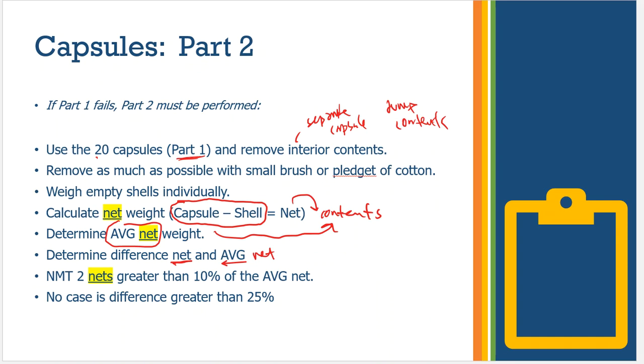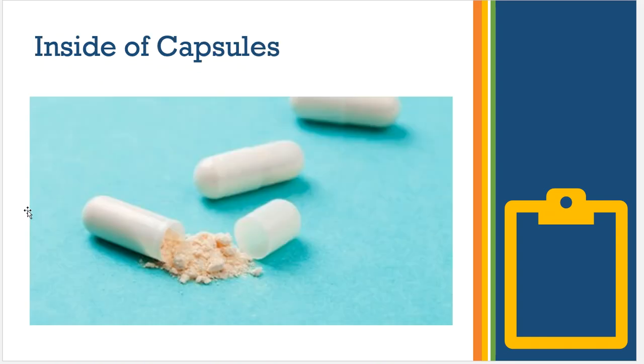So we said that part 2 is really focused on this concept that the capsule itself could lead to the problems of the weight variation. So if the capsule coating is an issue, we need to eliminate that problem, and that's what part 2 is all about. That's why it's telling you to separate the capsule, empty out all of the contents as much as possible, and then weigh that shell.